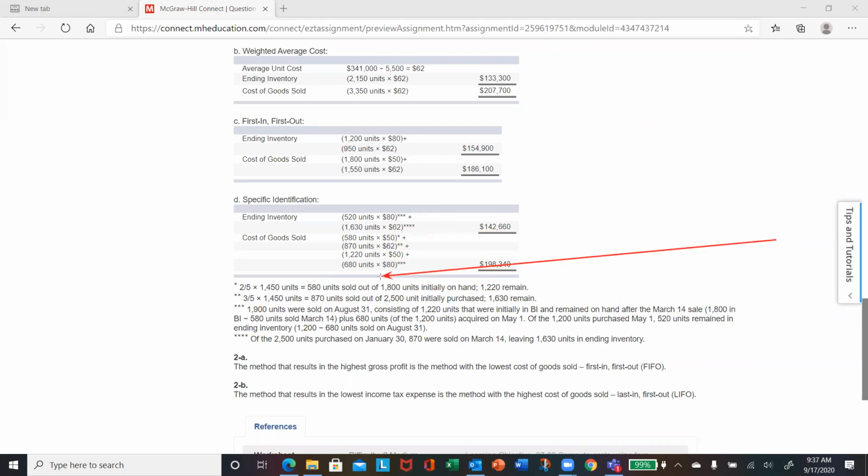If you just follow this, you have to specifically identify exactly which units come from which cost pool. That one's a little more tricky because you have to really watch it, because you're not doing any sort of periodic or perpetual or any weighted average. You have to specifically identify which units are being sold.